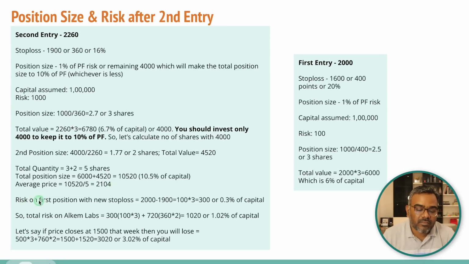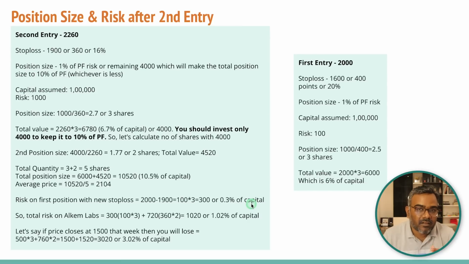So your risk on the first position, the risk that we took here, is 1%, but that risk will reduce because your stop loss has gone up from 1600 to 1900, right? So your position risk on the first position with the new stop loss will be, your entry price is 2000 and 1900 is the new stop loss, which means you have a loss of 100 points only. So you are risking only 100 rupees for 3 shares, which is 0.3% of capital.